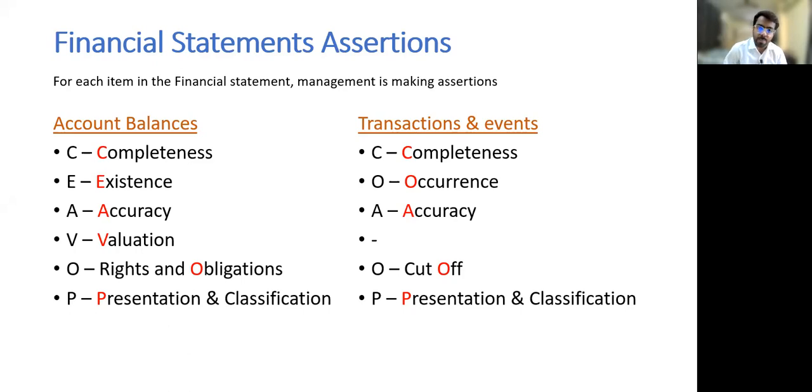The contract was entered into on 30th December 2022, but the goods were delivered on 3rd January 2023. And the invoice was sent on 3rd January 2023 along with the goods.